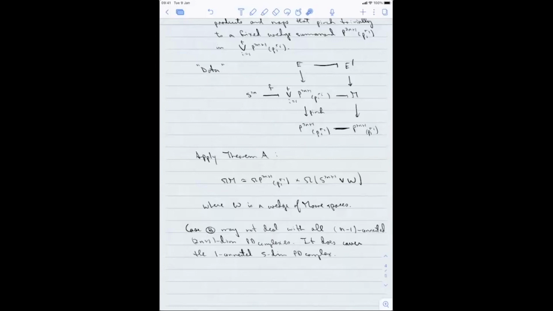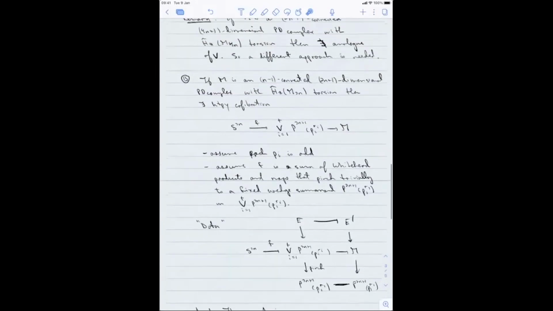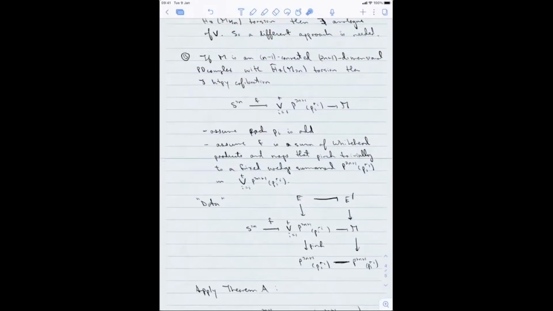But work of Barden in the manifold case and Stocker in the Poincaré duality complex case were simply connected 5-dimensional manifolds. So they were thinking geometrically and trying to classify these, and Stocker wrote down explicitly what the attaching map for the top cell was in every case, and you can check that it was of the form that would fit what we just did.